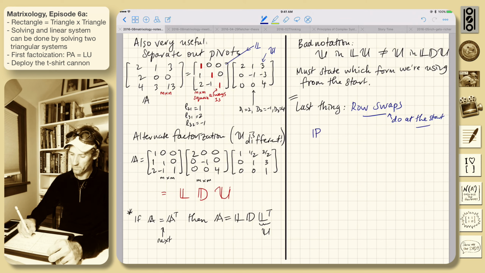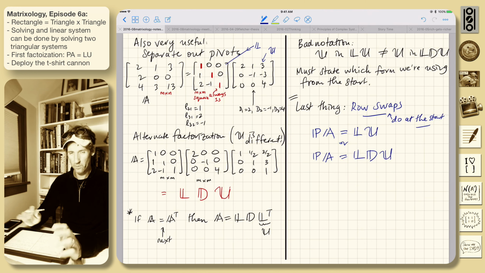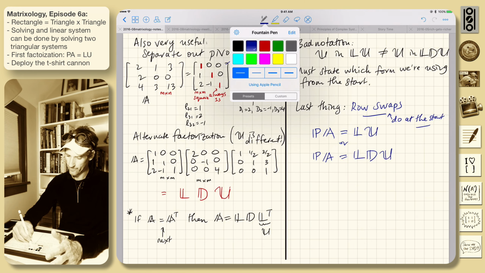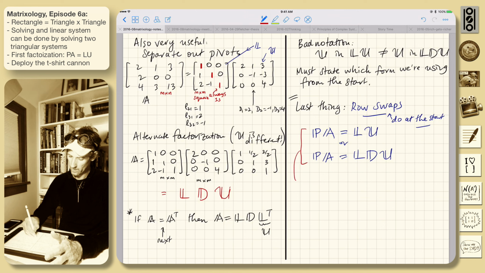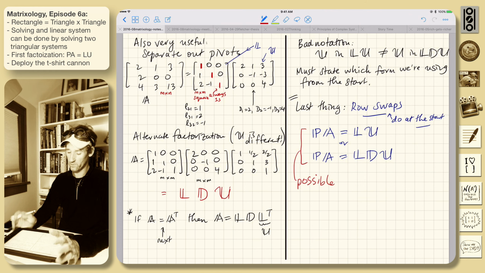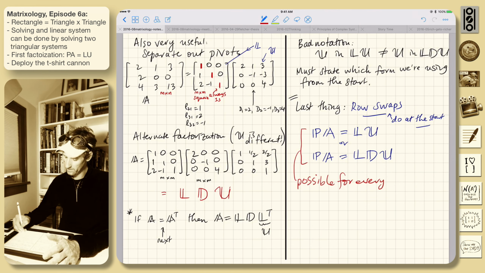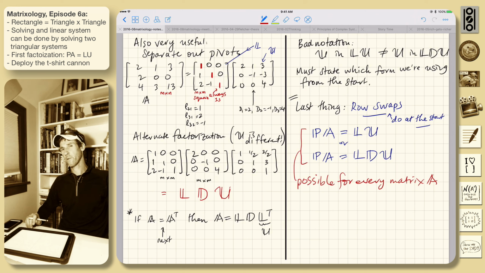So that's going to look like this. Permutation of A equals LU, or permutation of A equals LDU. This is possible for every A matrix. Now some factorizations won't work, but this is possible for every matrix A. We can always do this factorization.